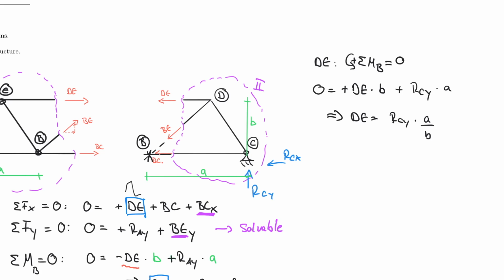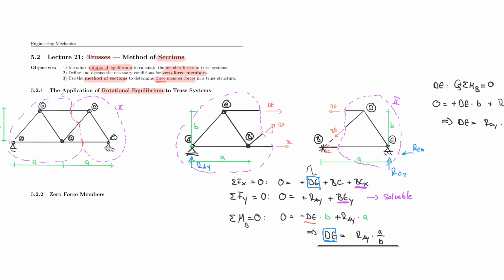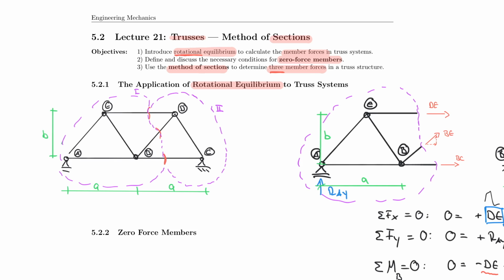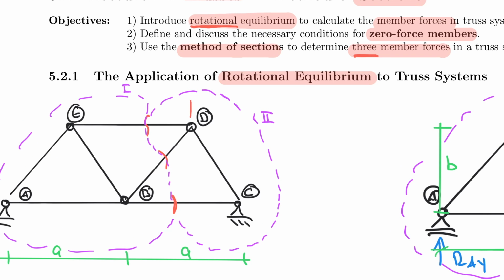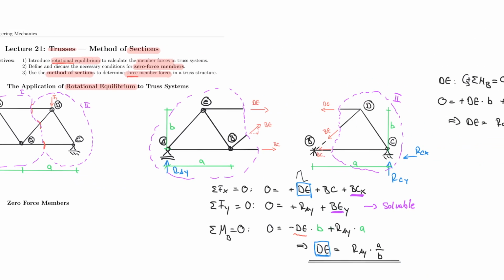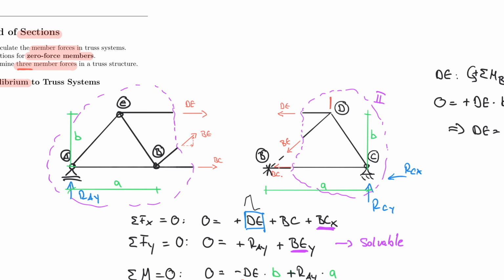And to be fair, we have not included any force on the top here, or any external force except the support reactions, but you would just include them. So I'm going to do that now just for your study notes. Let's say I have a force F1 here. Then that would be only in the cut number 2. So you would find F1 here as well.